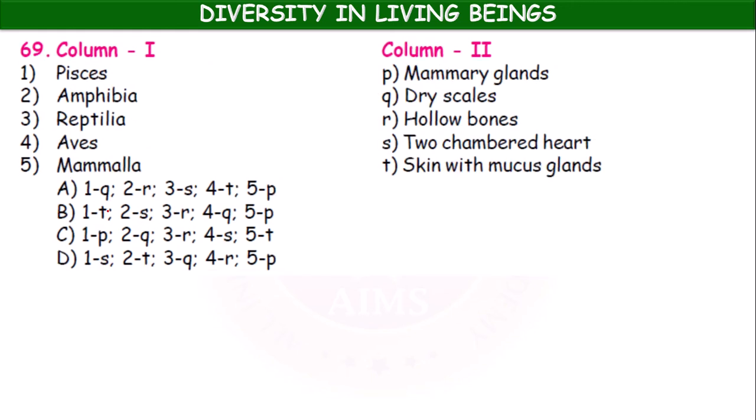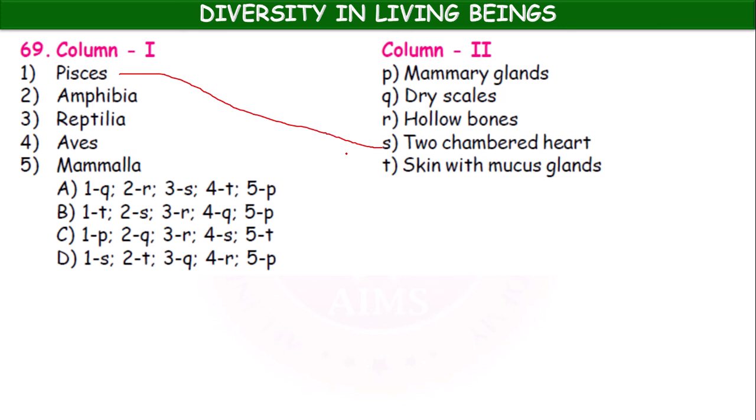The last question. Amphibia, Reptilia, Aves, Mammalia. So classes are given this side, column 1. Column 2, characteristic feature is given: mammary glands, dry scales, hollow bones, two-chambered heart, skin with mucous glands. Okay, Pisces. Two-chambered heart.